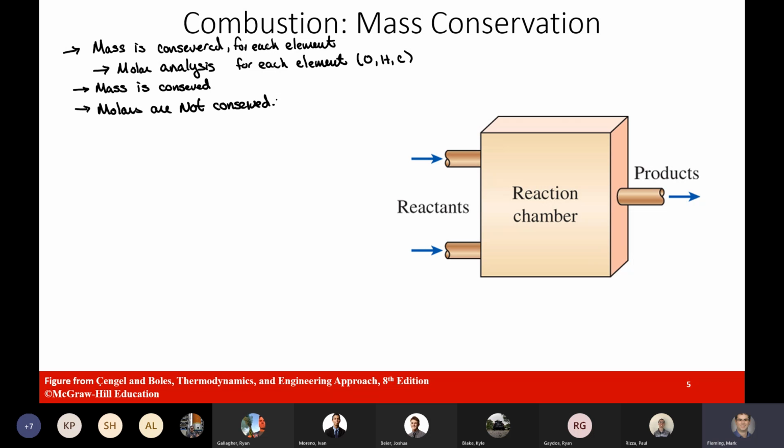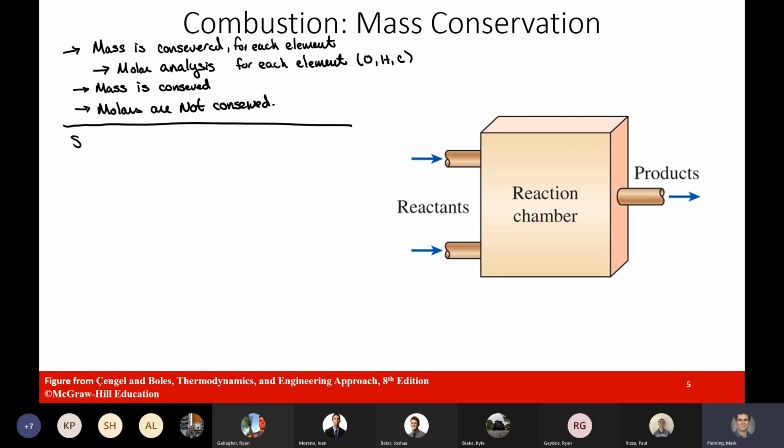So we do have to be very careful about our analysis, what form we are going to be using, how it's going to come together. This is going to be very important to keep track of, because now we're doing chemistry and thermodynamics all in one problem. And so let's just go ahead and look and see what we mean by each of these statements, because by themselves they can be a little bit confusing.